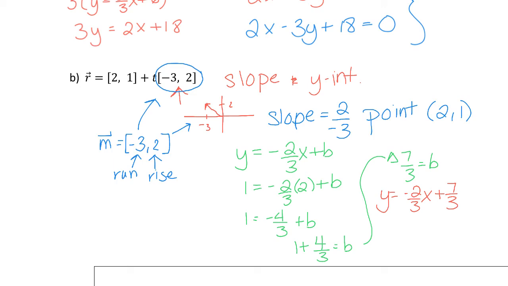So the first thing I'm going to do is multiply the whole equation by 3. So I get 3y is equal to -2x plus 7, and I'm going to rearrange and set it equal to 0. So I have 2x, so this is my final answer here. So therefore 2x plus 3y minus 7 is equal to 0, and there's my scalar equation. Okay.